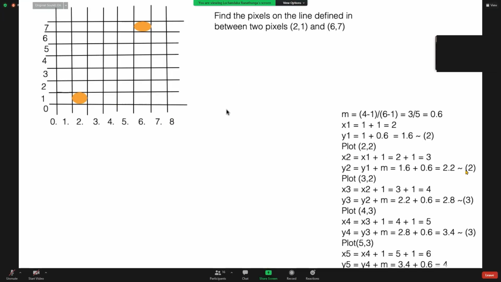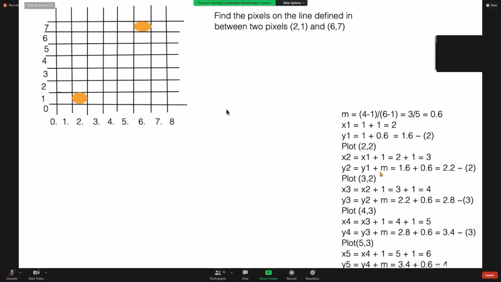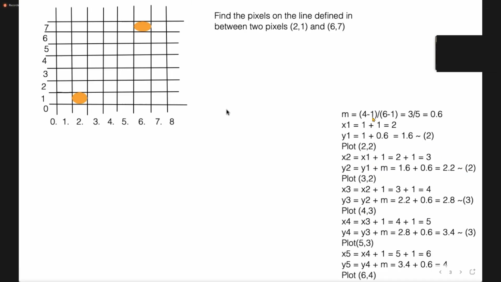I think you have calculated it in the wrong manner. Deepika, your gradient calculation is incorrect because you have taken the x-axis and y-axis vice versa. Not 4 by 6, it should be 6 by 4.